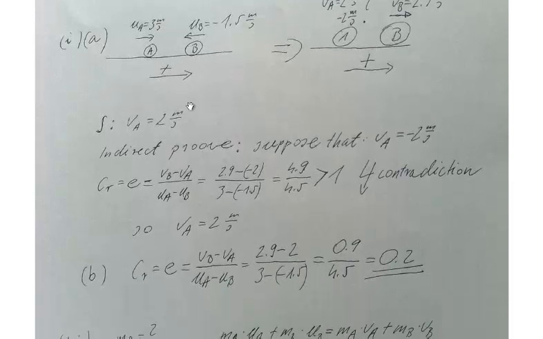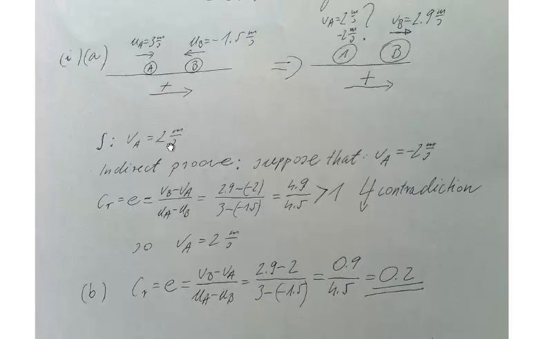Our statement that VA is equal to 2 meters per second means that the direction doesn't change. We can apply an indirect proof. Suppose that VA is equal to minus 2 meters per second.